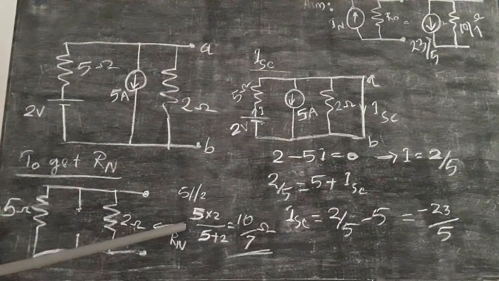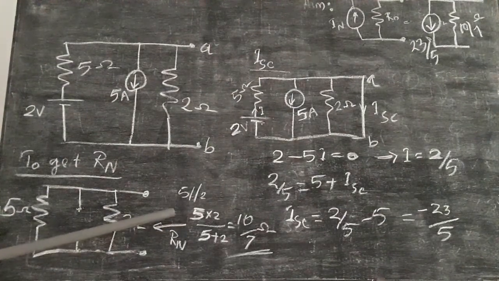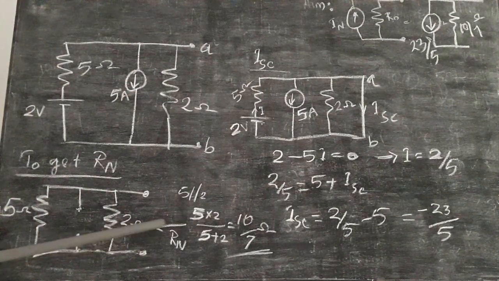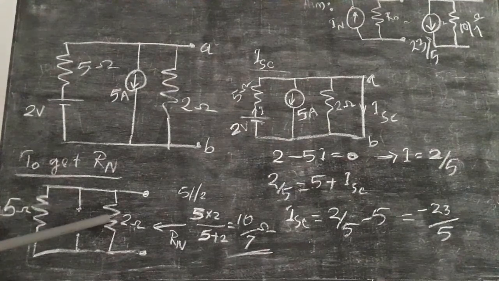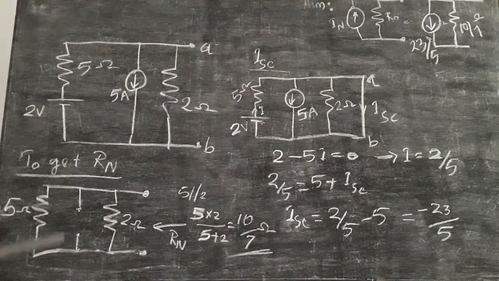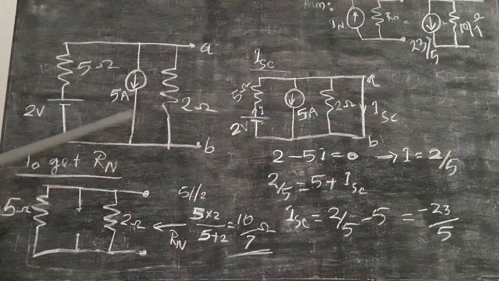Now get the equivalent resistance from this opened terminal. Looking from here, what is the equivalent resistance? See, 5 and 2 are in parallel. Once more, to get the Norton equivalent resistance, we open the load terminal, already it is open, so no problem.